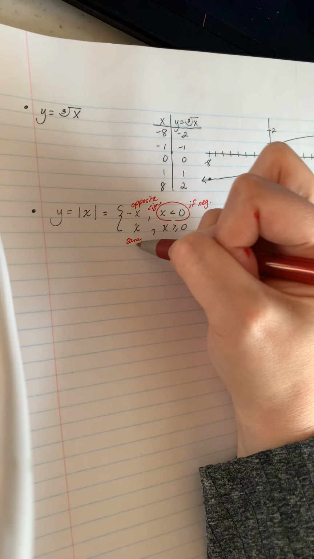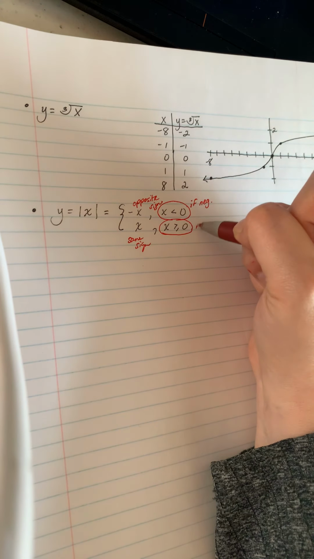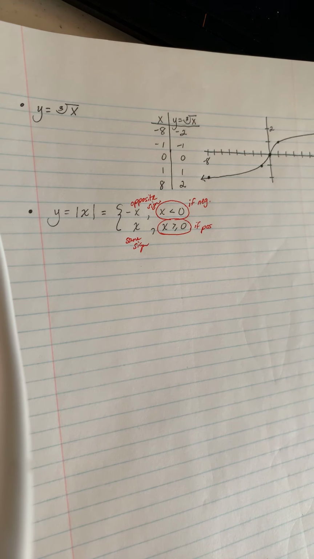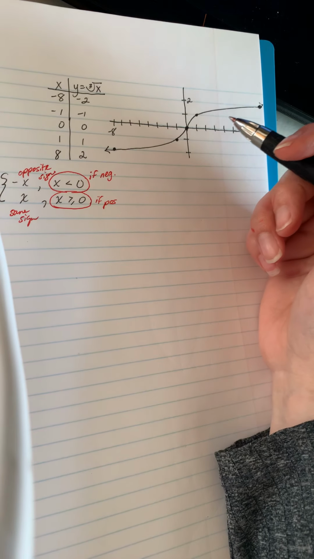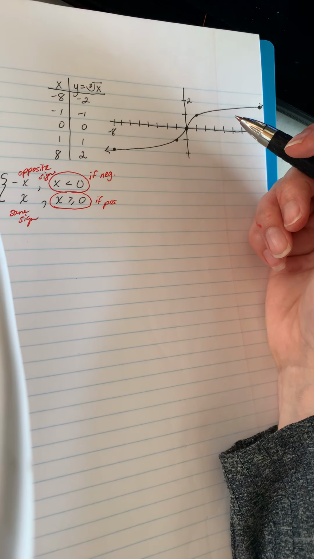Same sign if positive. Okay? All right. But you don't have to know that for absolute value. It's just helpful when you get up into calculus, okay, to use that.